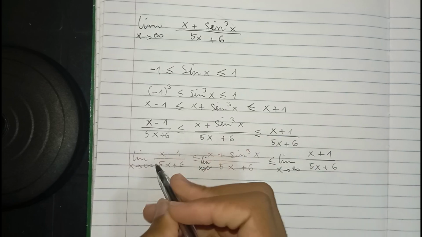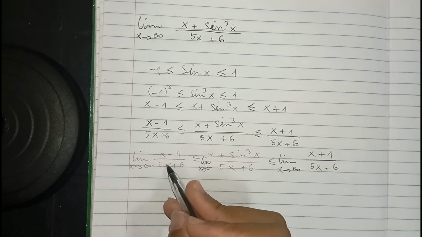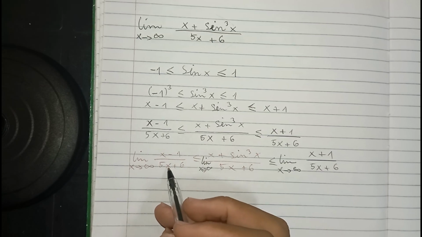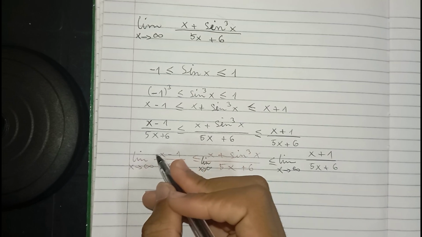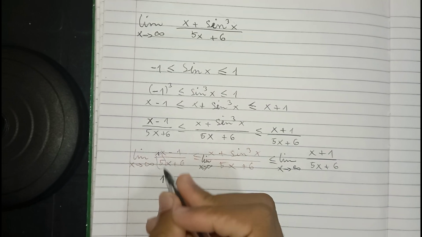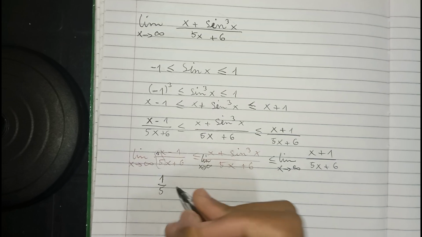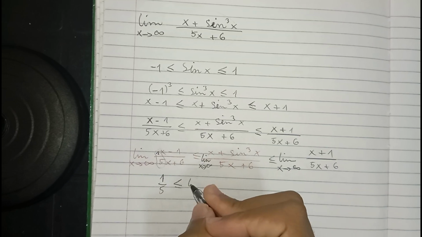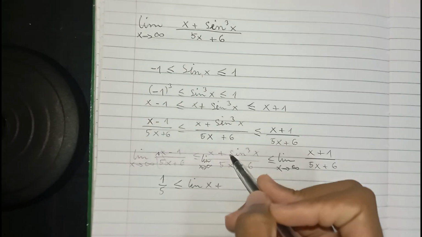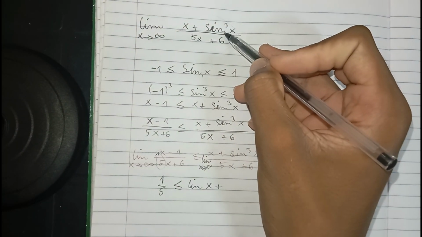So here we know that we look for the x that has the highest exponent, and of course here we just have x to the power of 1, so we are going to take its coefficient. So here this limit is 1 over 5, and here we get this limit. See that from this we got here that is equal to what we had from the start.